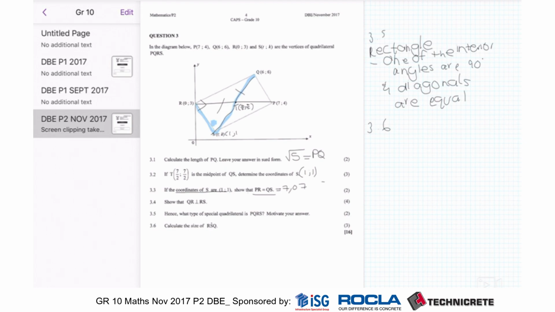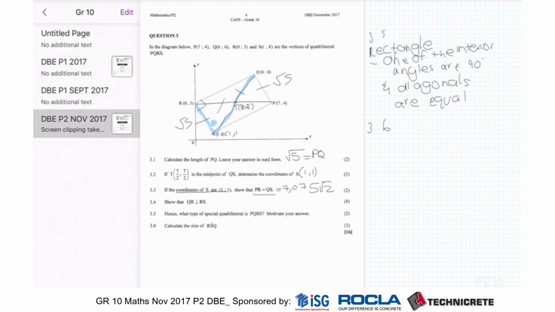What we already know is that we know the length of QS, which is 5 root 2. And we know the length of PQ, and if this is a rectangle and this side is equal to this side, this was root 5 and this would also be root 5.